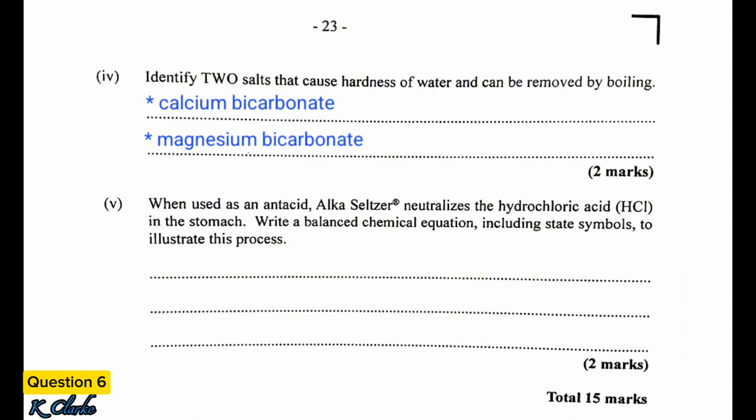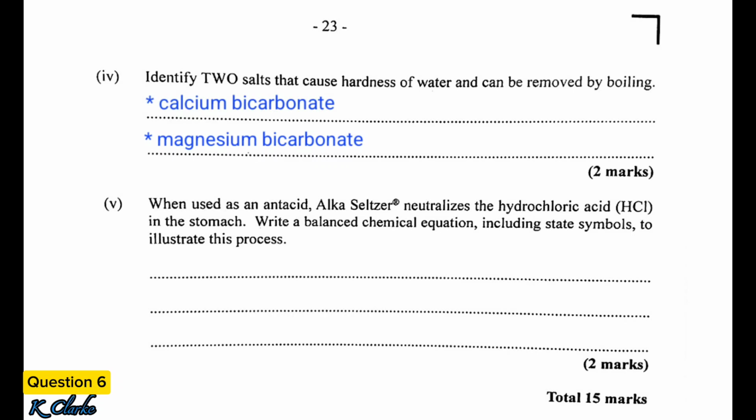Part 5. When used as an antacid, Alka-Seltzer neutralizes the hydrochloric acid HCl in the stomach. Write a balanced chemical equation including state symbols to illustrate this process. For this equation, write the main ingredient in the antacid, which is sodium bicarbonate.